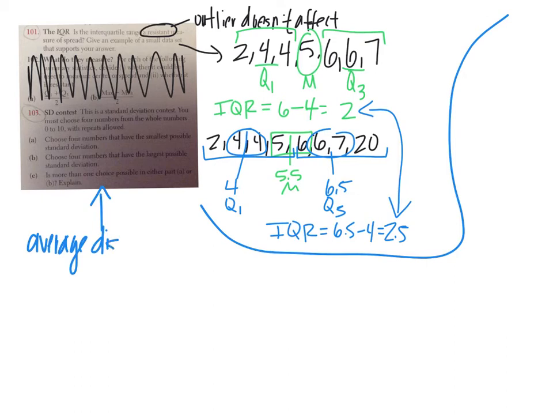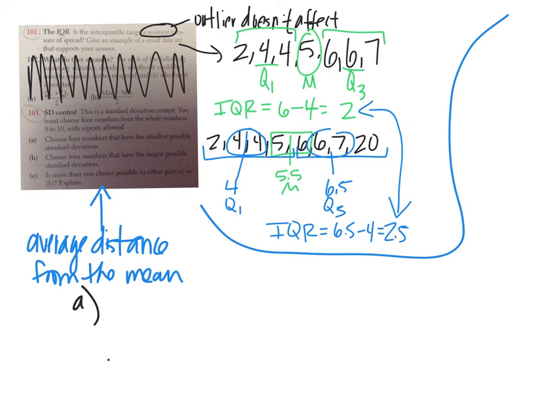So the more spread out the numbers are, the bigger the standard deviation is, because the mean will end up in the middle and then all the other numbers are spread out from it, which will affect the standard deviation. So we can choose 4 numbers that are between 0 and 10, and we are allowed repeats. How nice of them. And we want the smallest possible standard deviation for part A.